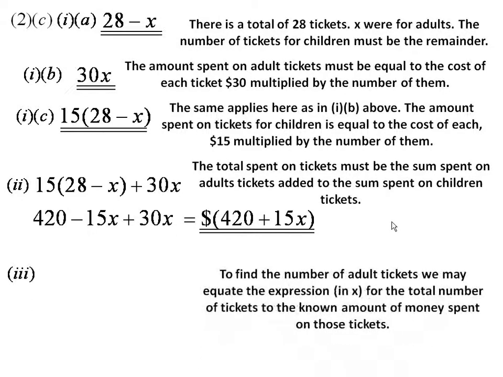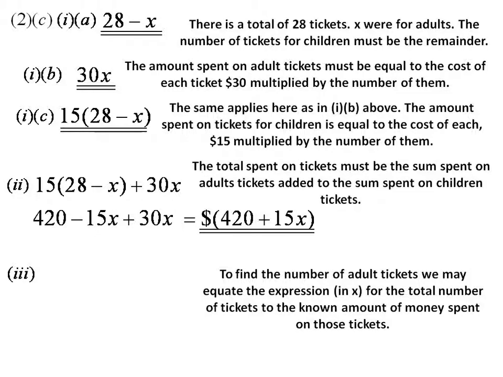To find the number of adult tickets, which is x, as we have it right up here, we may equate the expression, which is the one that we have arrived at right here, that expression in x for the total number of tickets, right, and that we will equate to the known amount of money spent on those tickets.